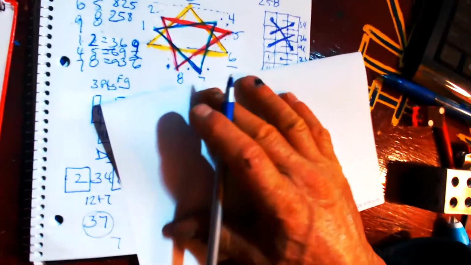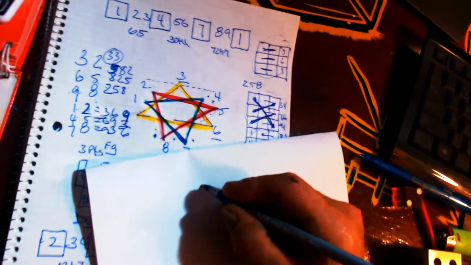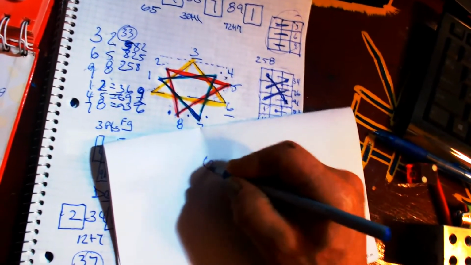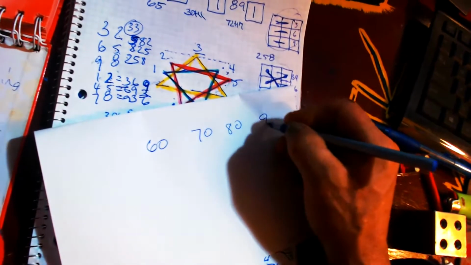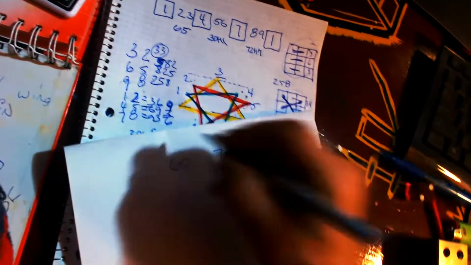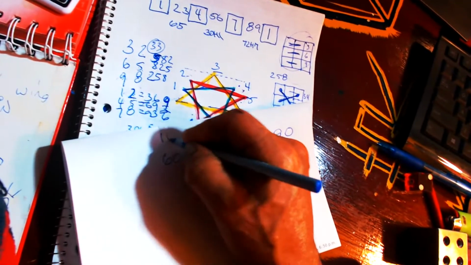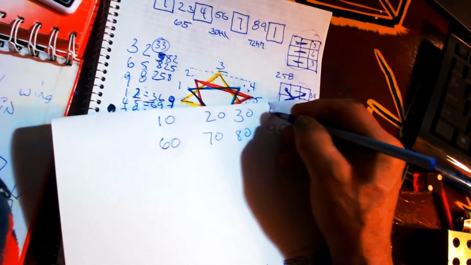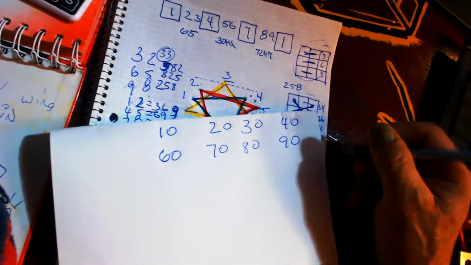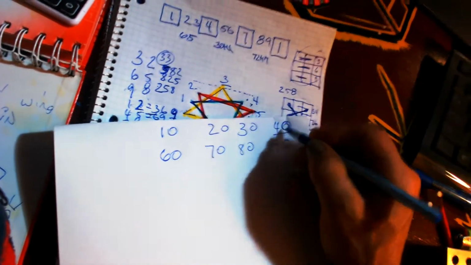I'm trying to see if I have the mathematics. Yes, 60, 70, 80, and 90. 10, 20, 30, and 40. 40 is the beginning of the polarity.